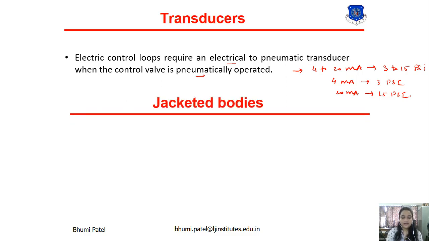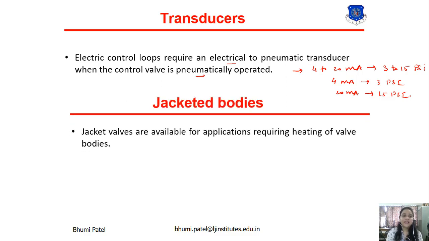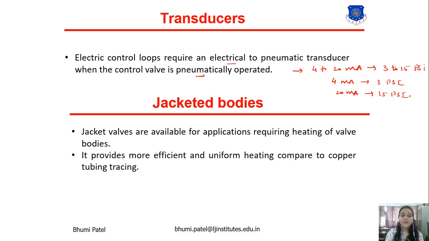Now the jacketed valve. Jacketed valves are available for applications requiring heating of the valve bodies. They provide more efficient and uniform heating compared to copper tubing traces. So it is used for this special application.